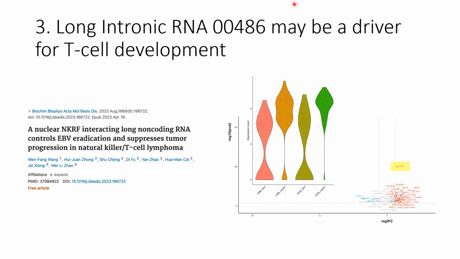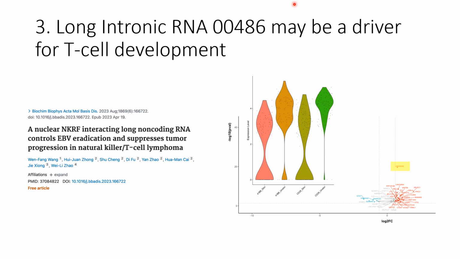In terms of a more coherent and testable hypothesis, one of the really interesting genes that I've found to be upregulated in response to different variables, particularly stimulus, is this long intergenic non-coding RNA, LINC00486.